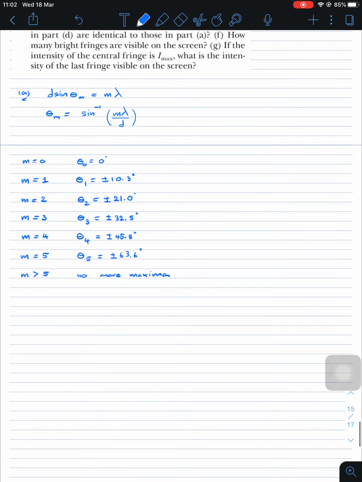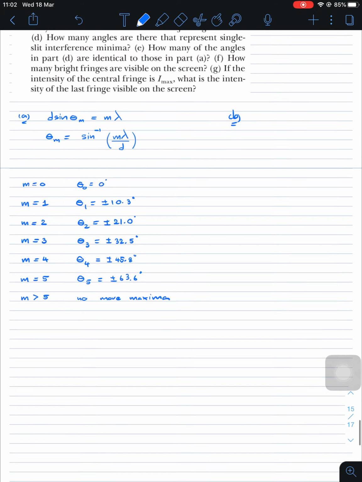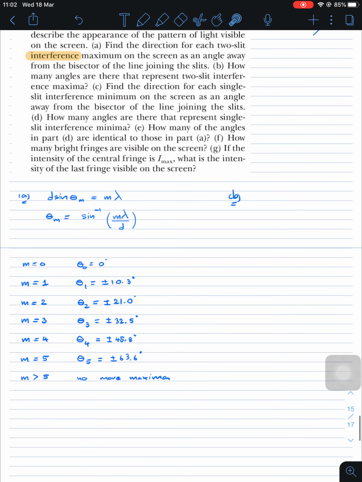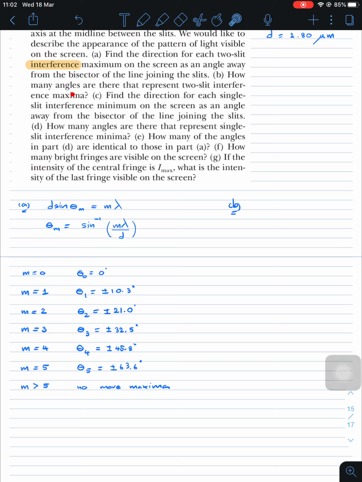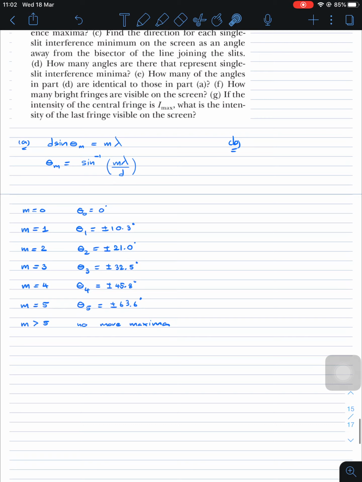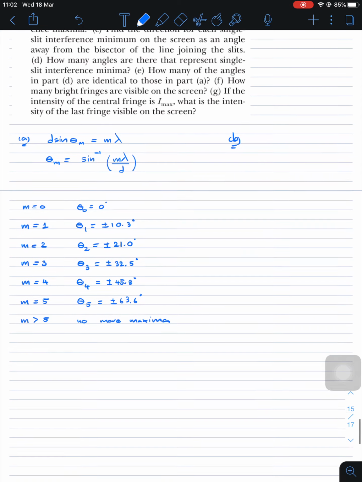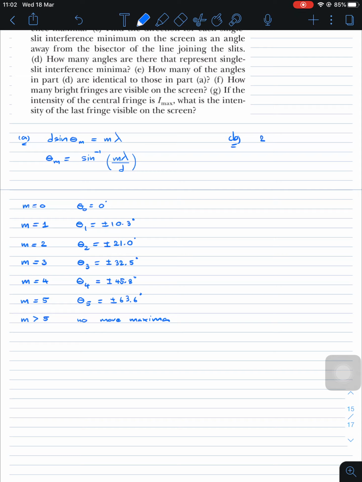Now for part B. How many angles are there that represent the two-slit interference maxima? For each m we have two angles, and we have 5 m's, so 2 times 5 is 10 angles.